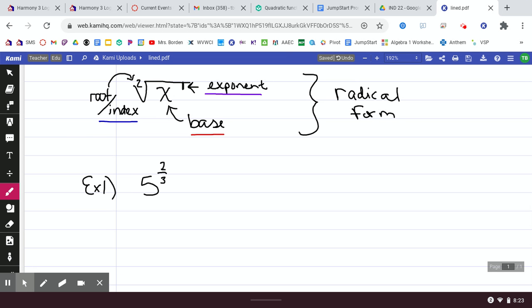This is considered exponential form because it's written with a base and an exponent. We want to write it in radical form. So when you write it in radical form, give yourself a radical to start building in. Now, where does everything go? Your base, right here, is your base under the radical.